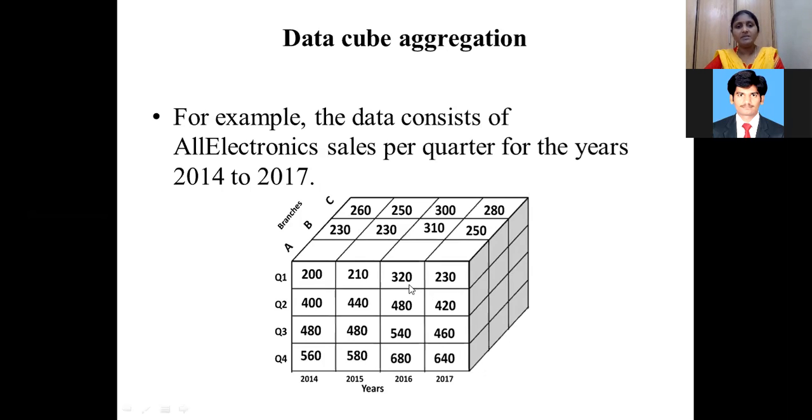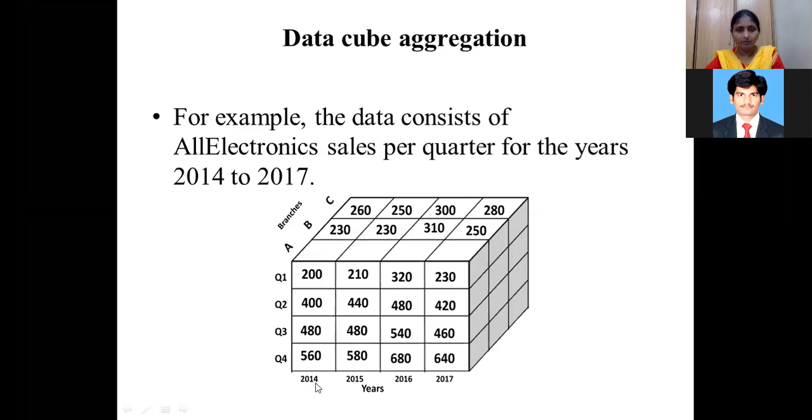Roll up operation means we are aggregating; that means we are reducing one dimension. As we have the different quarter levels, we are aggregating this data into a year. If I want to get the annual data of 2014, what do we have to do? We have to sum up all these values: 200 plus 400 plus 480 plus 560.